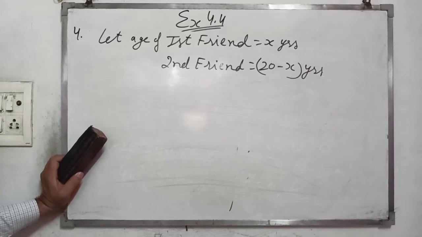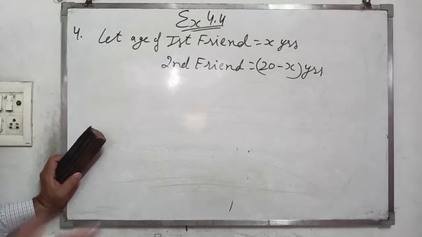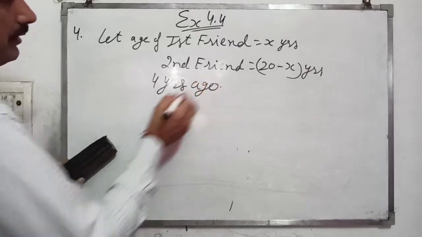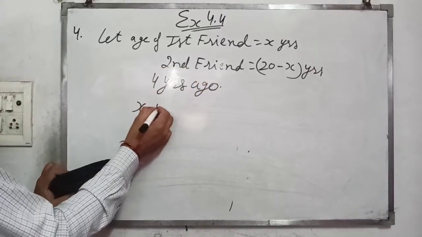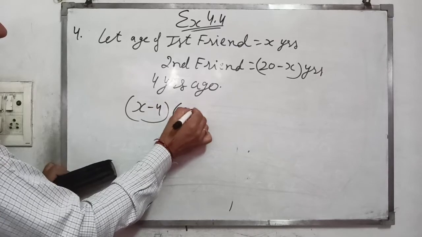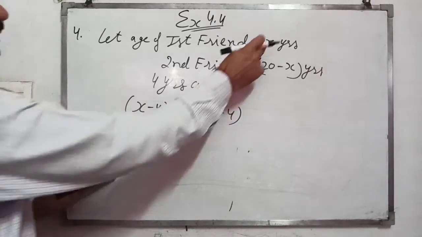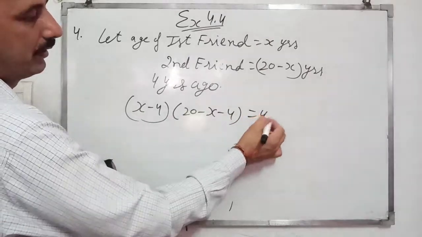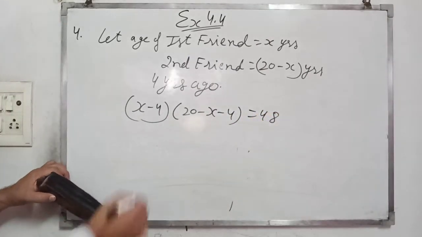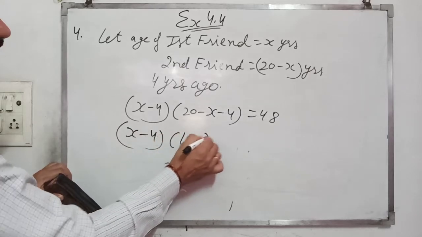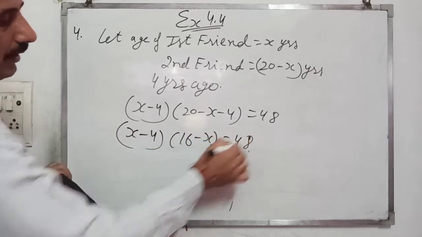Four years ago, their product was 48, so we subtract 4 from each age. So (x minus 4) into (16 minus x) equal to 48.